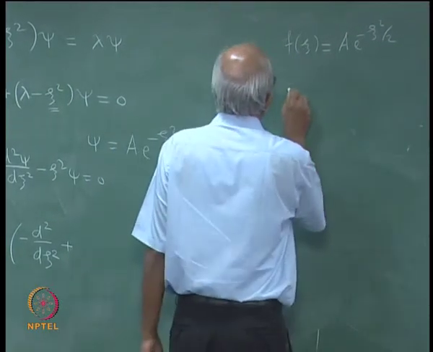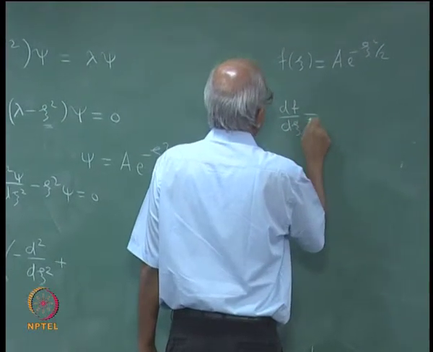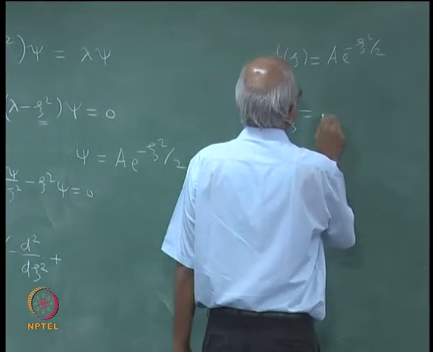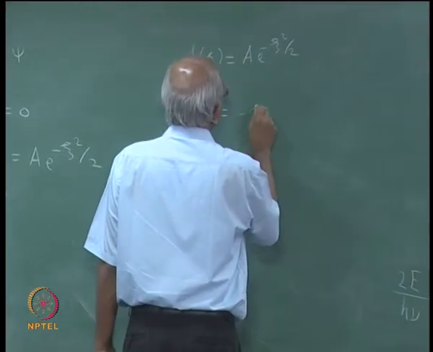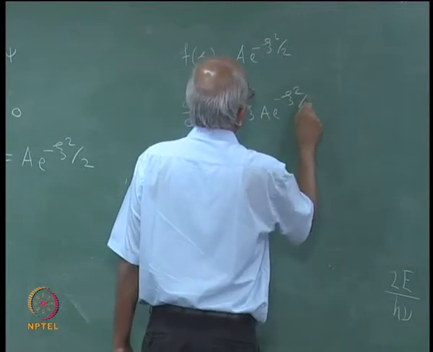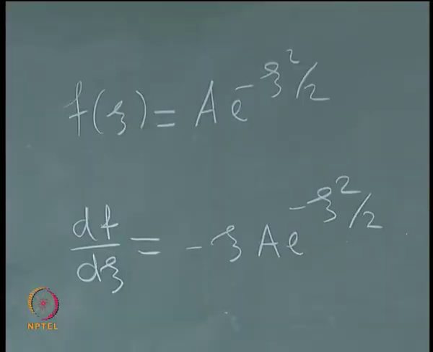Suppose you take its first derivative, df by dx will be how much? Well, it is fairly simple and straightforward. It is going to be equal to minus c times a e to the power of minus c square by 2, correct. If you took this function, took its first derivative, that is the answer.